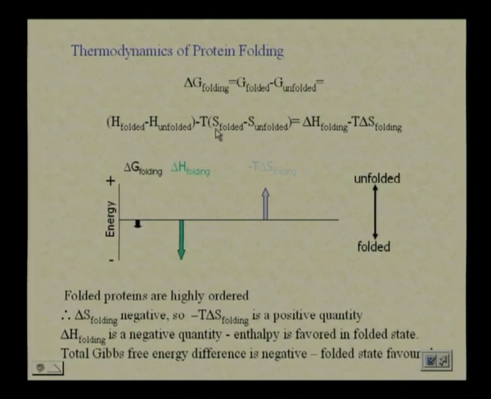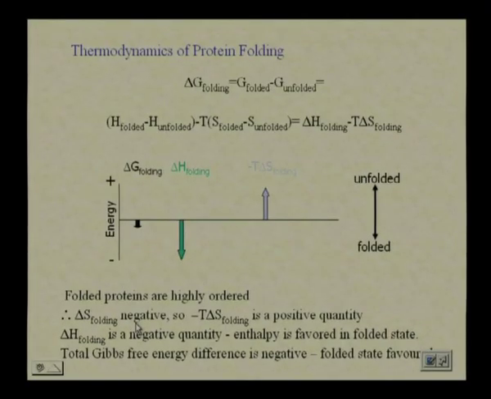Now, we are going to look at the specific terms of these. What happens to my S unfolded and my S folded? When I consider the entropy, what is the entropy? The entropy is the disorder of the system. Now, if I have an unfolded protein and I am now having the protein fold, I am bringing order into the system.